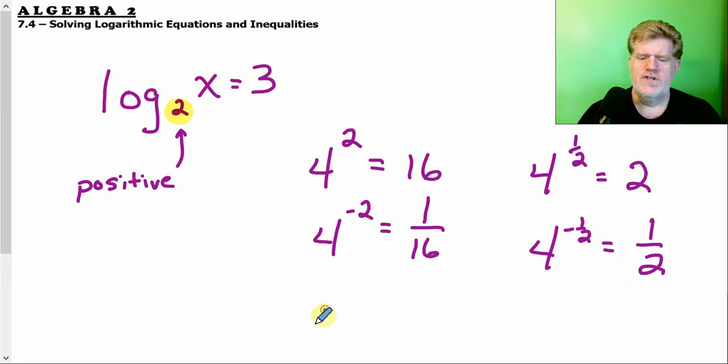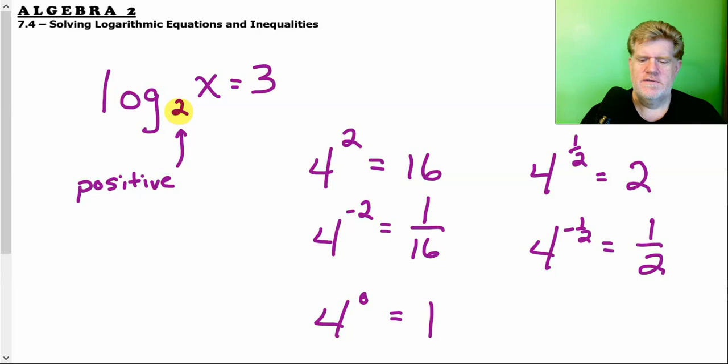There is no power, even 0. If I raise it to the 0 power, it becomes 1. There is no power that I could have that yields me a negative answer. That's important. There's no power that will yield a negative answer if my base is positive.